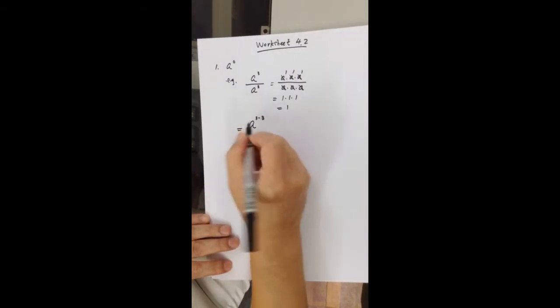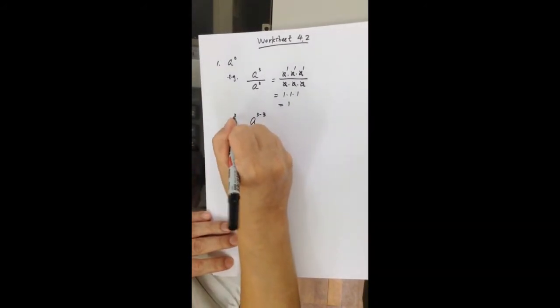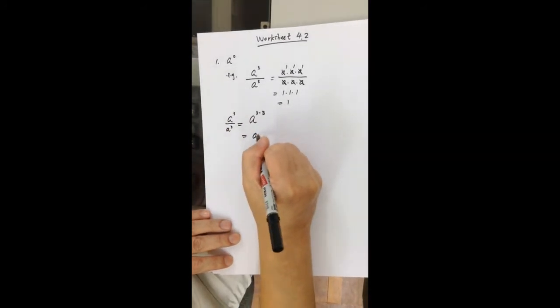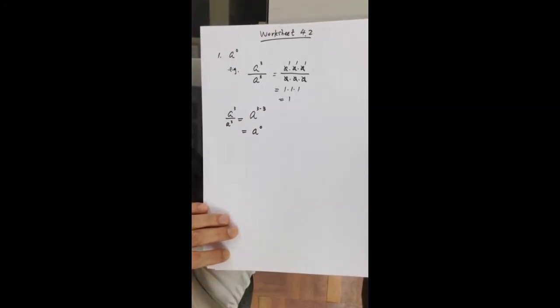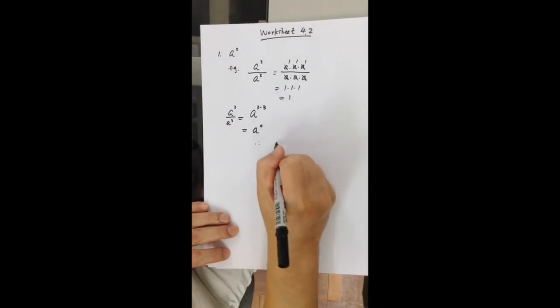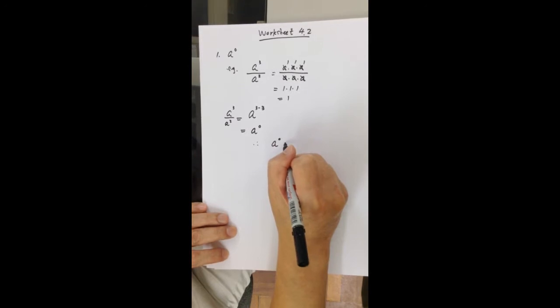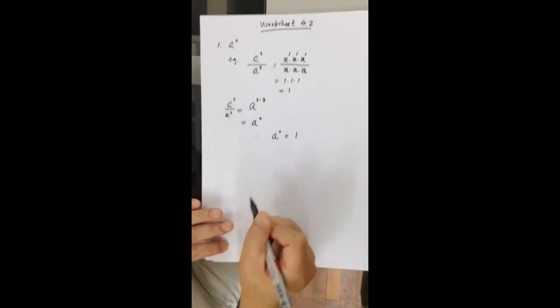It means that it is equal to a to the power 0. Therefore, we can conclude that a to the power 0 is equal to 1.